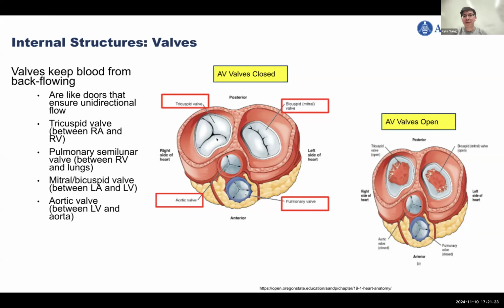That turbulent blood flow is what causes the murmur you hear from your stethoscope. But that's unrelated to blood flow supplying the heart. Thank you. Yeah, of course.